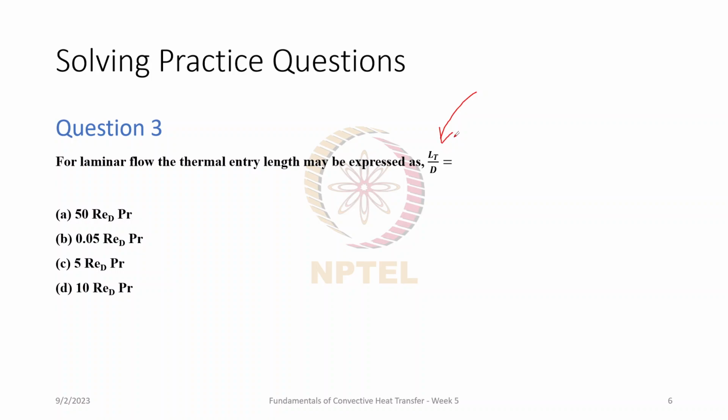So LT is the thermal entry length and D is the duct length. So what is this LT by D given by? Is it option A, 50 into Re into Pr? The Reynolds number here is on the basis of D, so Re_D will be given by U D by mu.